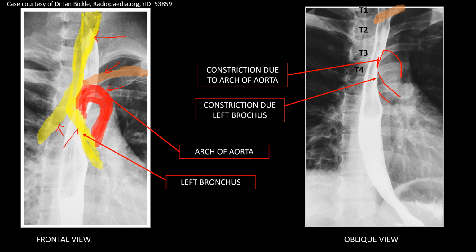The fourth constriction is at the point where esophagus pierces the diaphragm. And the first constriction is at the initiation of the esophagus. These four constrictions are normal anatomical constrictions in esophagus.